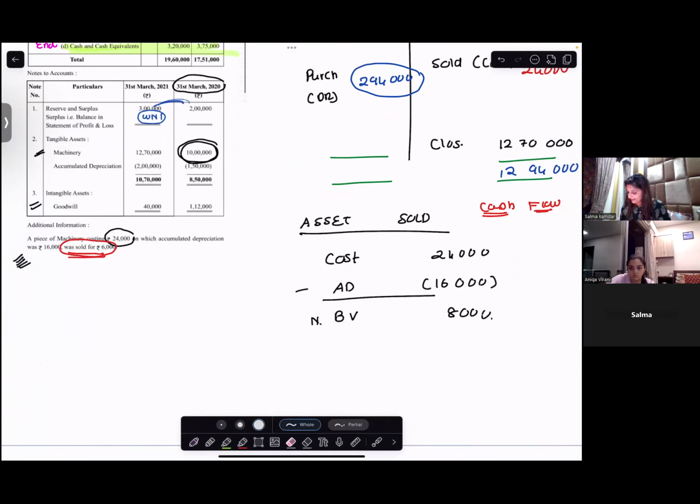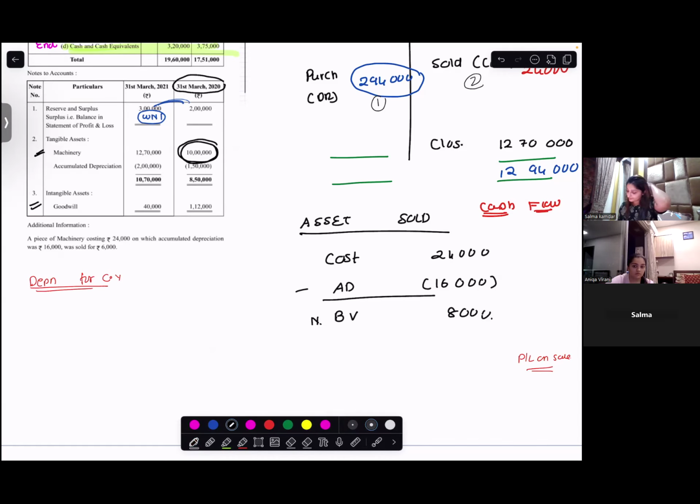We are not making the operating activity section, but I want you to work it out. I got my first thing, I got my second thing. Third thing and fourth thing, come on. The fourth thing related to non-current asset: depreciation for the current year, depreciation for the previous year, and profit or loss on sale. Tell me what you want to find first. Profit or loss.